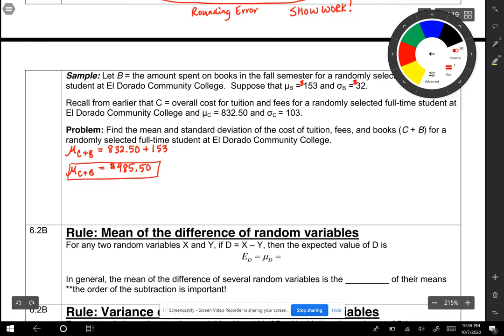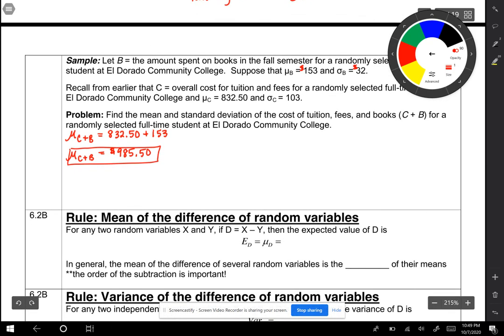This isn't really too bad. As long as you do a lot of practice problems, you're good to go here. The standard deviation of the overall cost plus the books is equal to, this time the variance is not given to us, so we're going to use our standard deviations and we're going to square them. And it doesn't matter which order you put them in because we're squaring them.